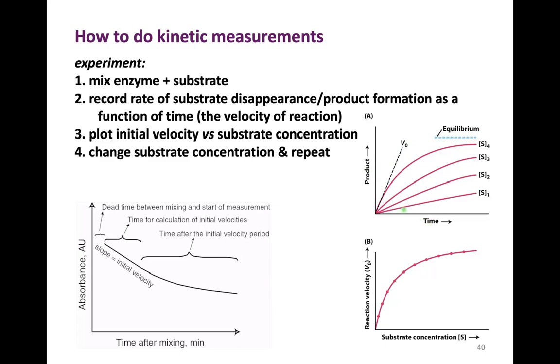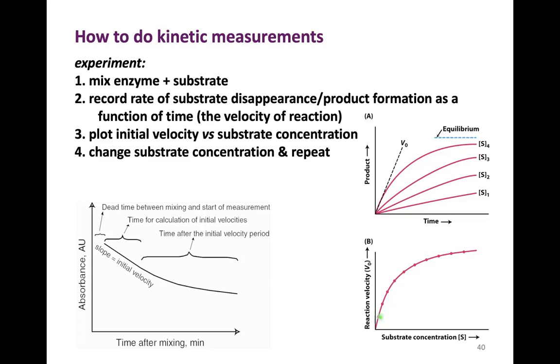Just as you've learned in physics, that will be a data point when we plot our reaction velocity as a function of substrate concentration. Okay, so at substrate concentration 1, we have this initial velocity that we calculate from this product as a function of time plot.